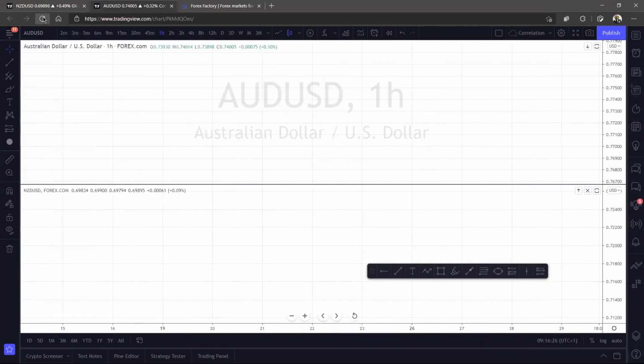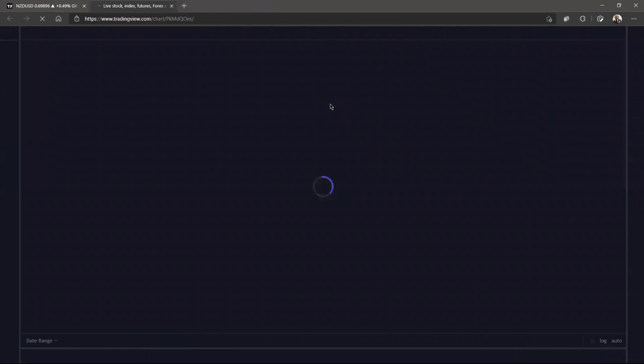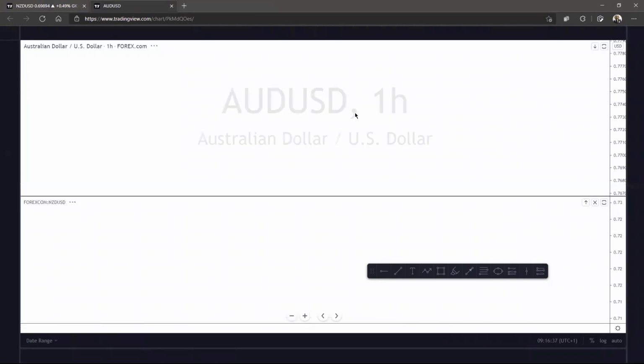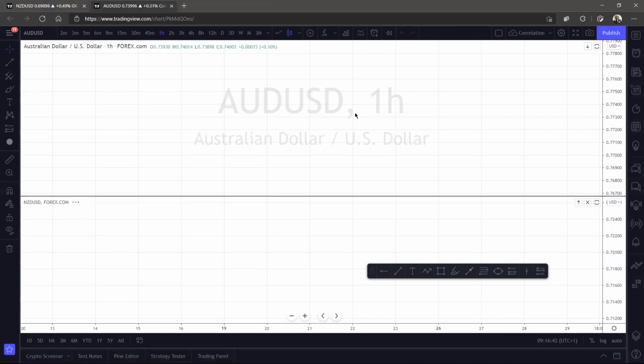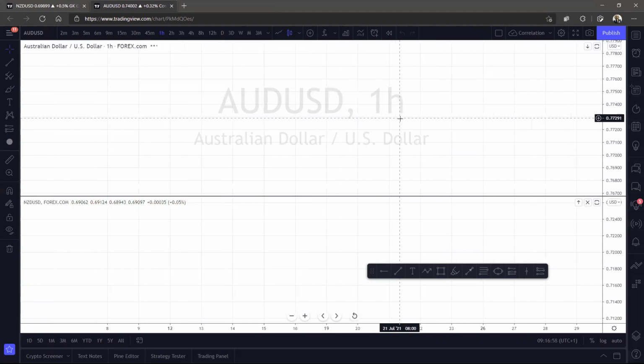It tries to load. Why is it not loading?